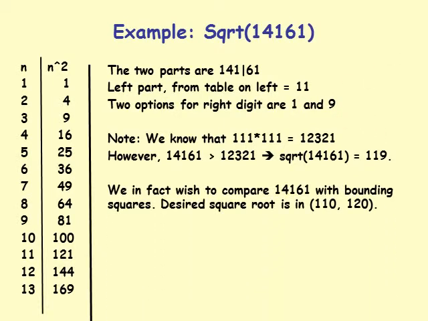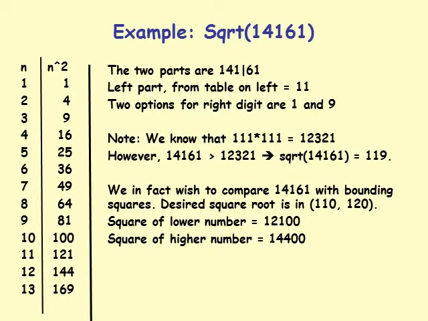Let's continue here. We in fact wish to compare with the bounding squares. The desired square root is between 110 and 120, not using either of them. The square of the lower number is 12100, and 14161 is larger than that for sure.